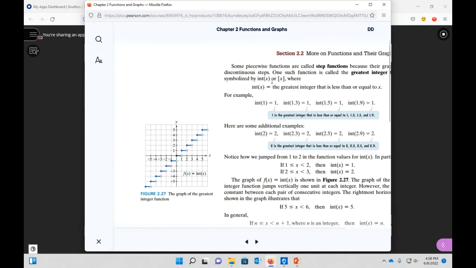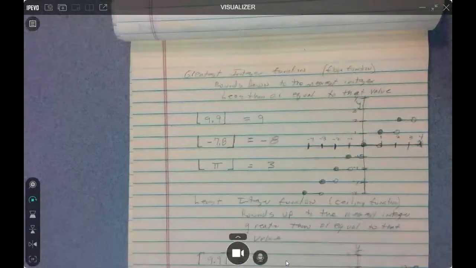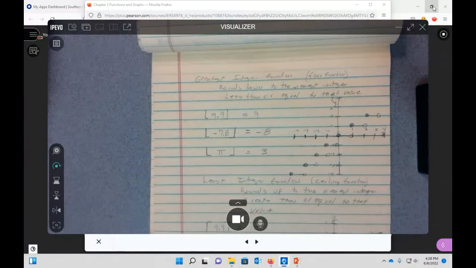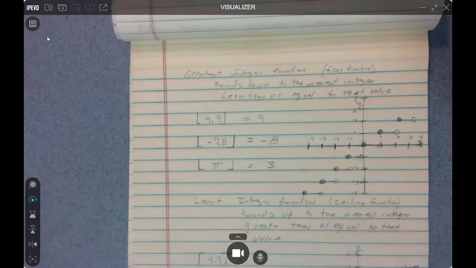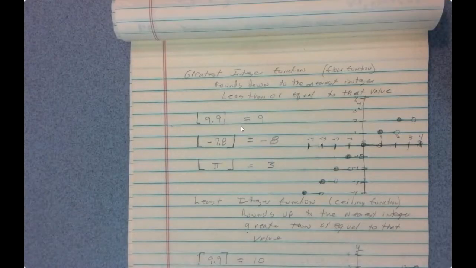And this particular function, the greatest integer function, is also referred to as a floor function. And I think you'll see that when we look at it on the pad. So let me crank up the pad here for a second. And let's go to this. Whoops, we were where we wanted to be.